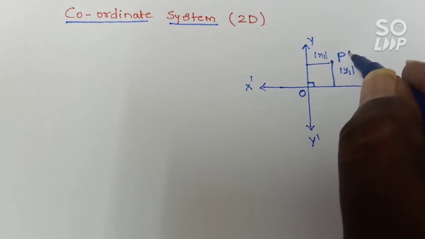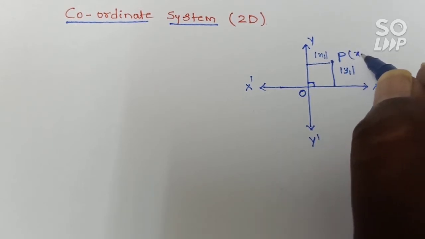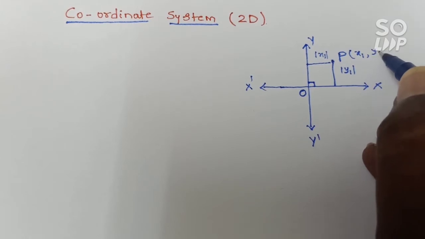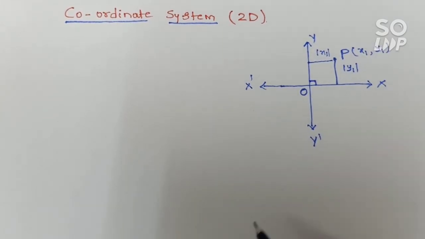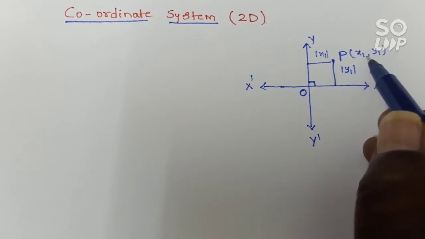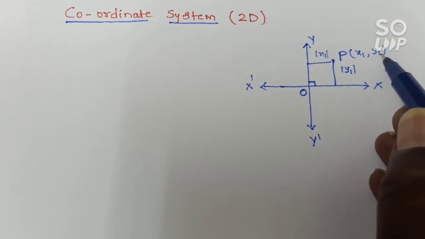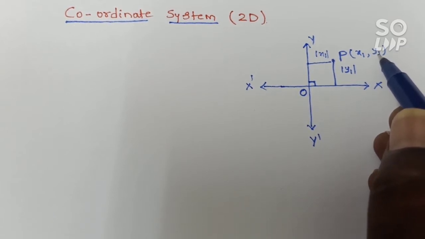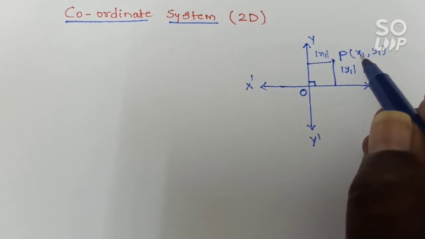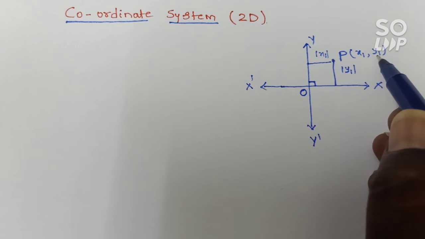Then the coordinates of this point are x1 comma y1. So in this point P, x1 is called the first coordinate or x coordinate, y1 is called the y coordinate or second coordinate. The x coordinate is also called abscissa and the y coordinate is called ordinate.